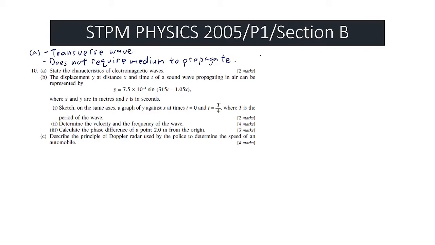Now, here we start drawing the graph. This is y and this is x. This is the 0 point. And now we first substitute t equals 0 inside here.